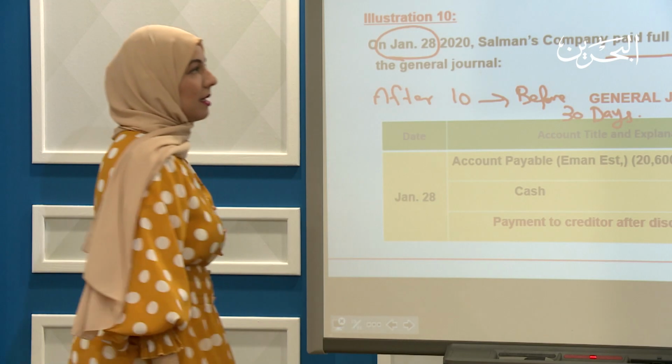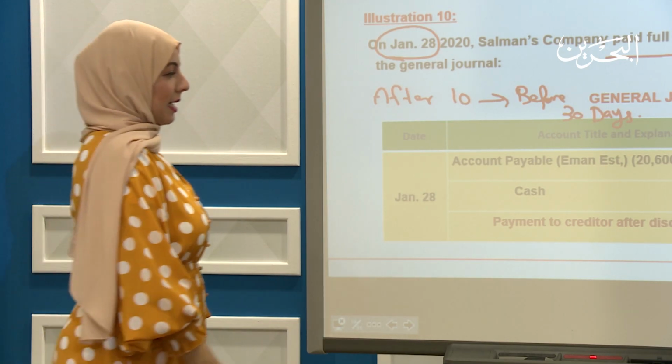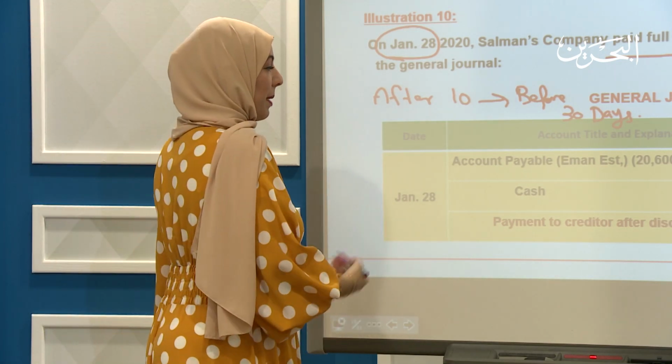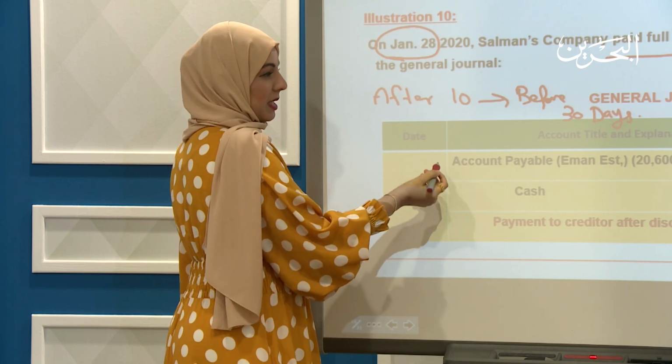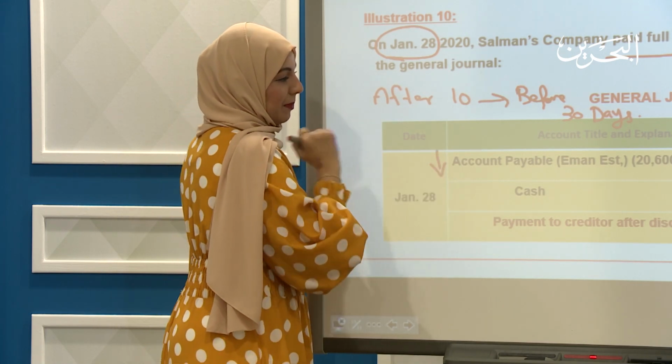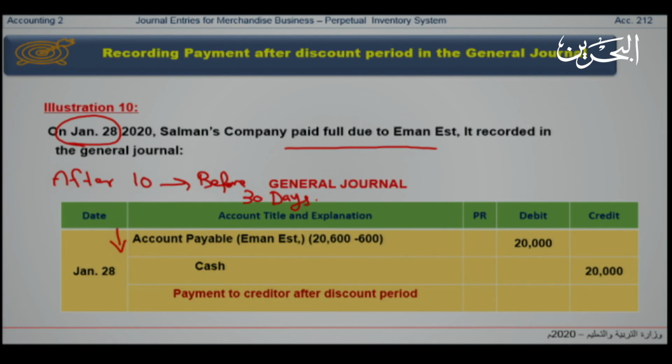In this case, they will not get a discount. If they pay the liability they have, the accounts payable will decrease by the amount of 20,000, and we explained before how we get the 20,000. If I pay, my cash also will decrease, and it will be decreased by the full amount that is due.